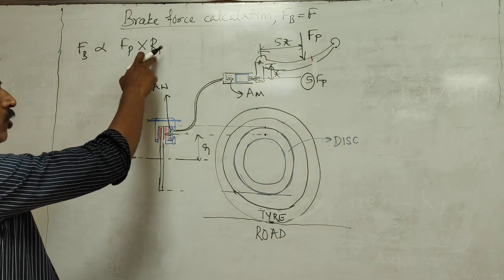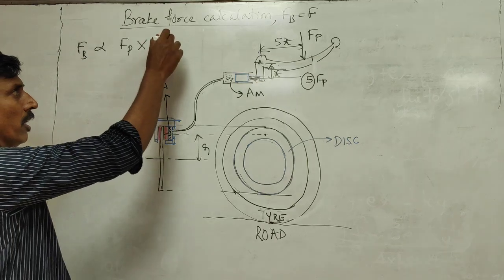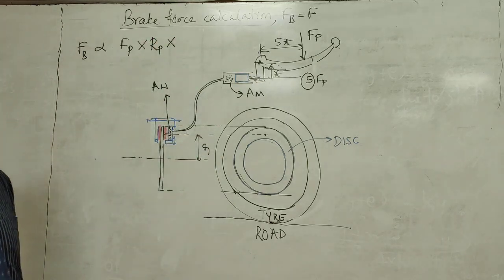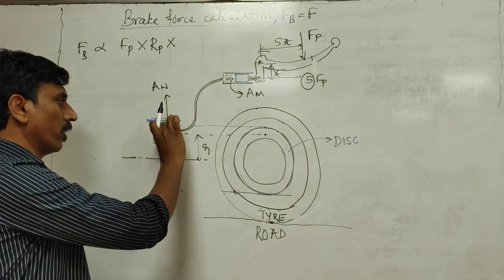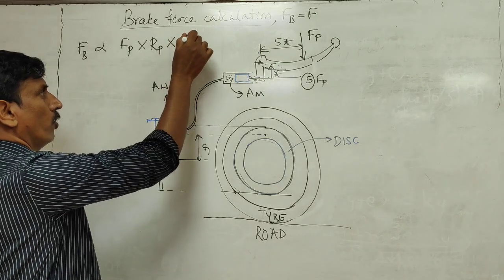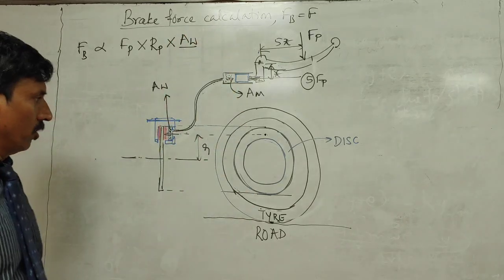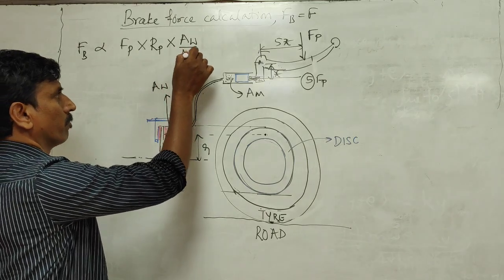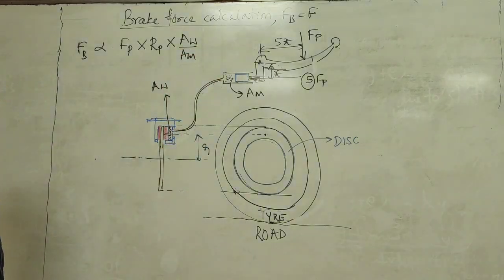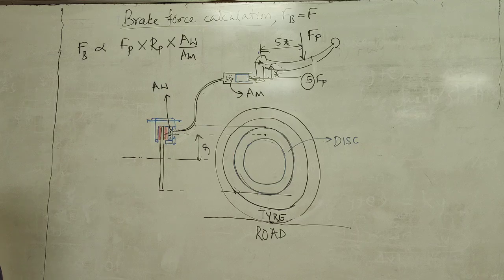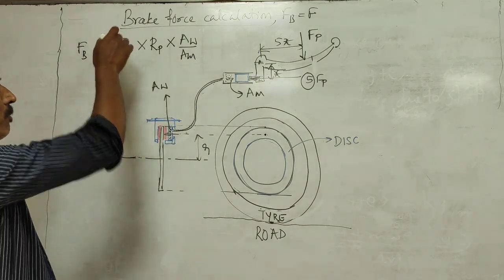So the first thing that you see is the mechanical magnification. Then the second thing that you see is the hydraulic magnification, that is the ratio of AW divided by AM. And then that force gets magnified by this ratio.